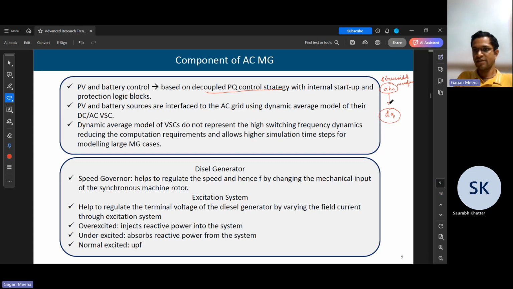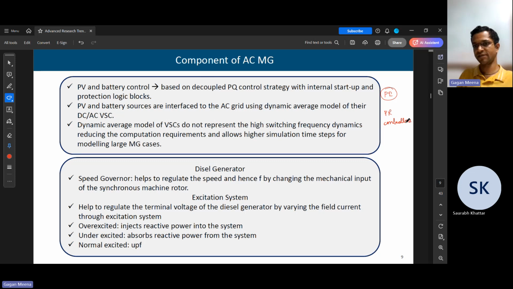But if we use sinusoids and we want to use the PI controller, then the control design is very complicated. It becomes a very high order, third or fourth order controller, and the design is also very complicated. And it is no more a PI controller, it becomes a PR controller, proportional resonant controller, if we use sinusoids.